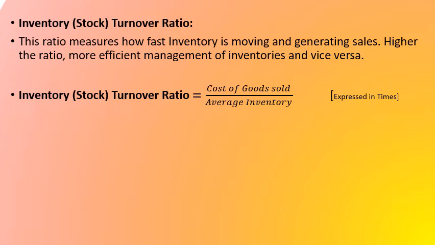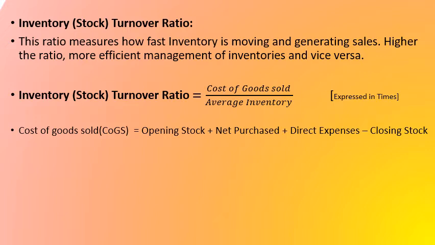Sometimes if cost of goods sold is not given, then the inventory turnover ratio can be calculated on net sales also. But if both cost of goods sold and net sales are given, we take cost of goods sold to calculate the inventory turnover ratio. Now cost of goods sold is equal to opening stock plus net purchase plus direct expenses minus closing stock.